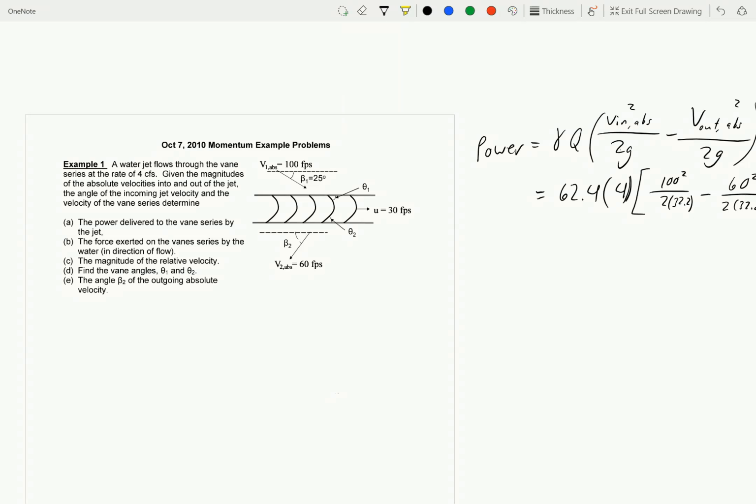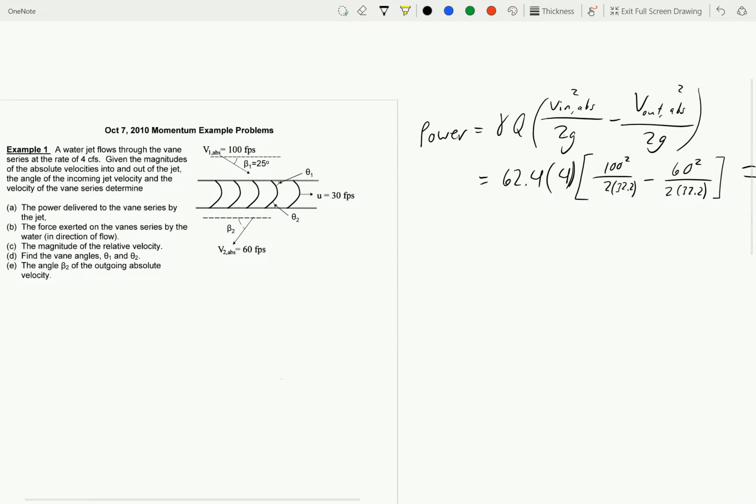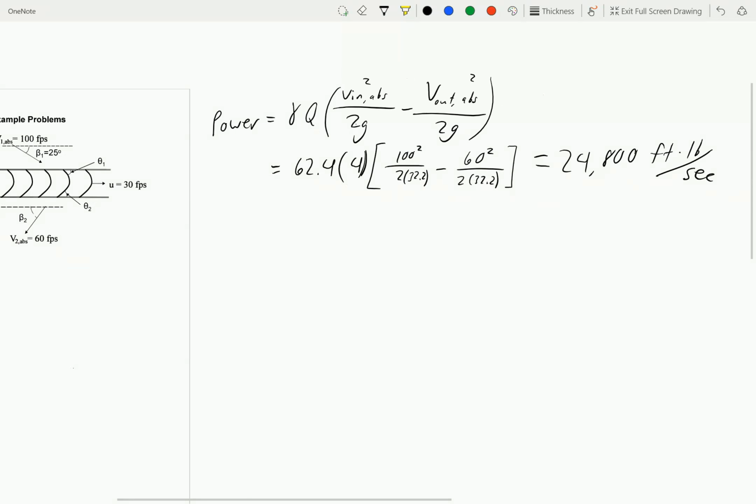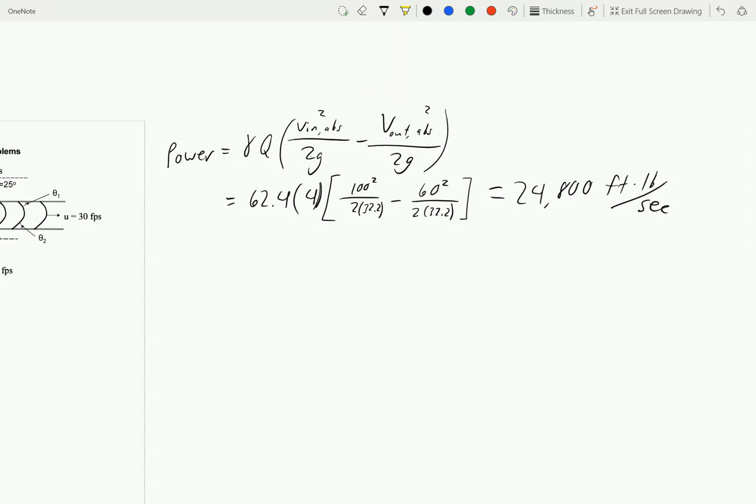Now for part B, we're asked to find the force exerted on the vane series by the water. Again, on your equation sheet, all you have to do is look, and it'll say this portion right here equals Fx times u.